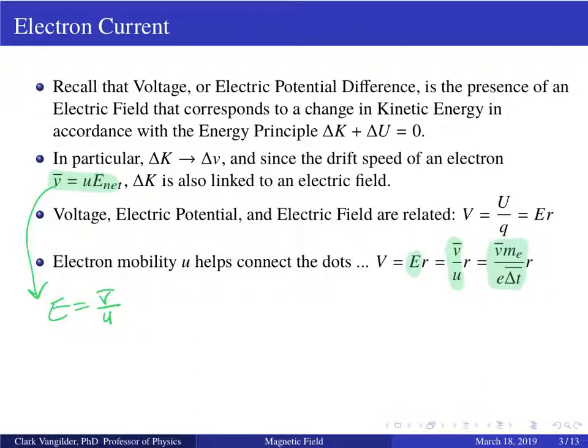The time rate of change of momentum is what force is defined as according to Newton's second law. So we've written out the force variable, but that's the structure of force. Ultimately, that v m_e per delta t, that's force.